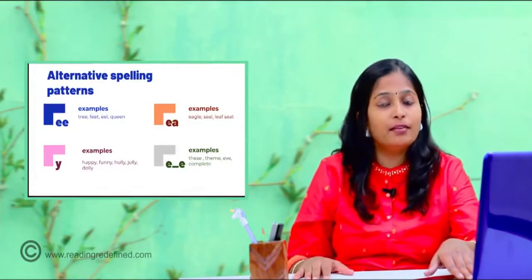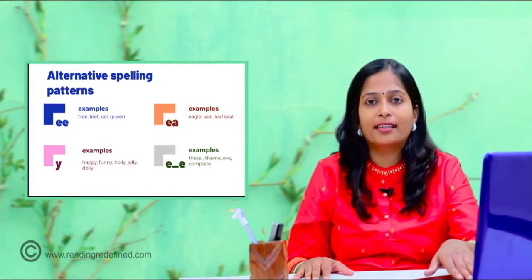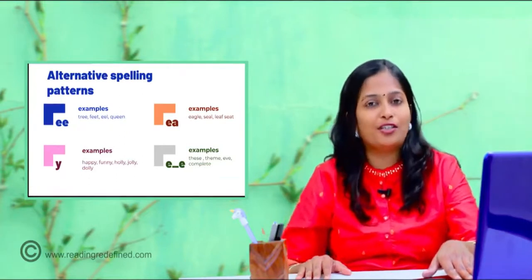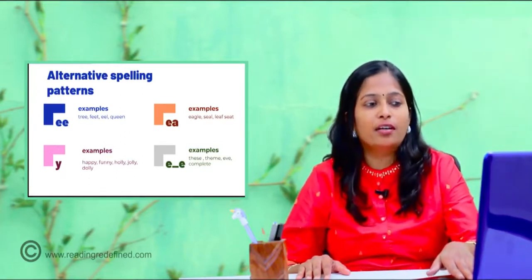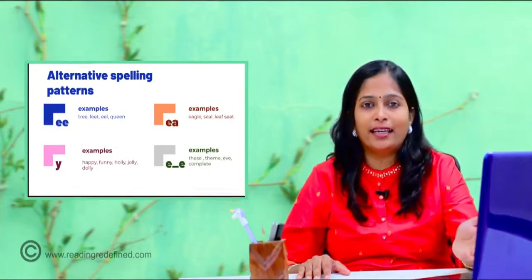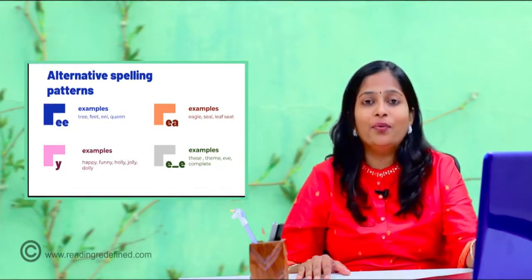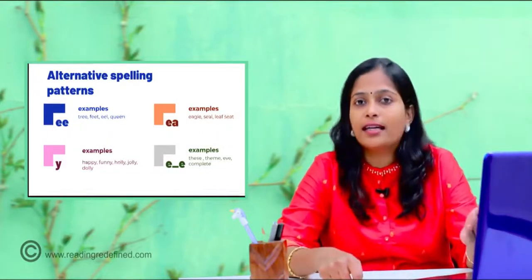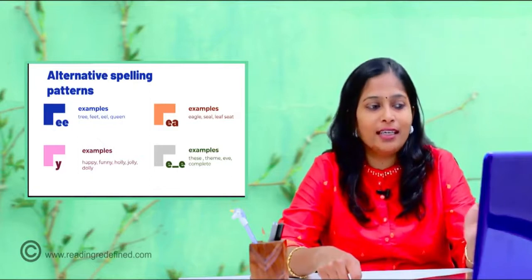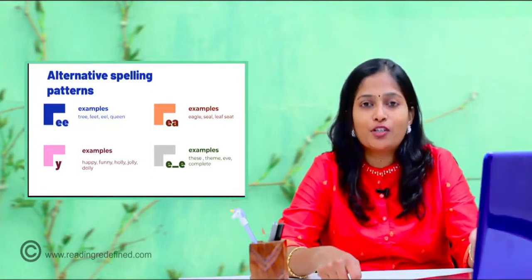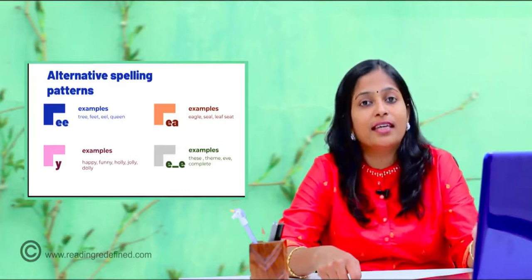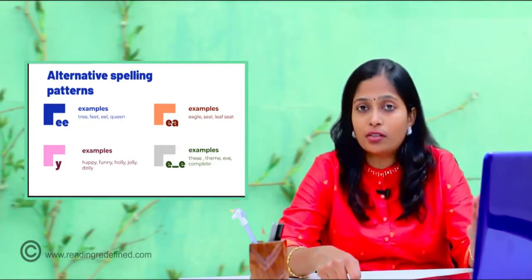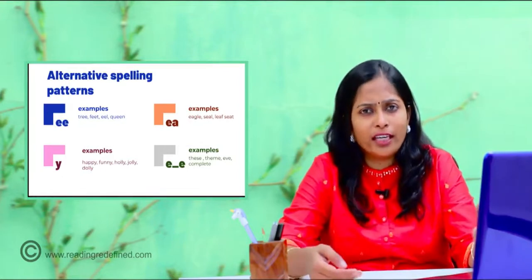So, alternate spelling for E. EA makes the E sound, Y makes the E sound, and magic E. So for EE: EA, EY, EE and Y. I have actually included EY because words like monkey, donkey, key, chimney, trolley, everything has this EY spelling pattern, which we will be using regularly.